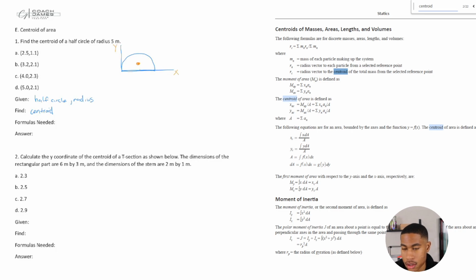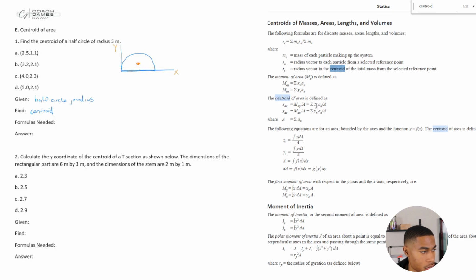Okay, the centroid of an area is defined as the sum of the x coordinates multiplied by the areas, all divided by the total area.